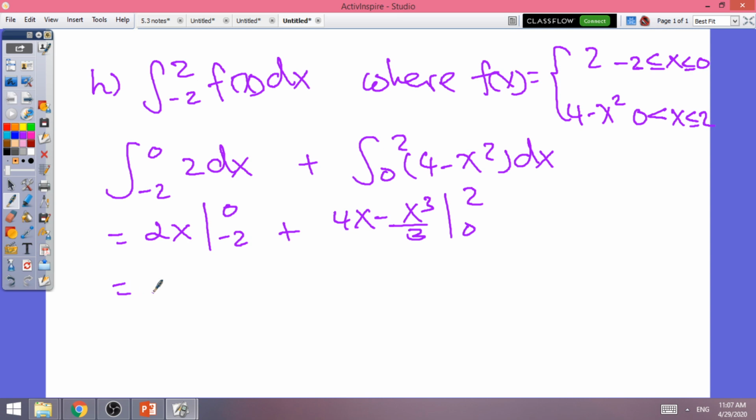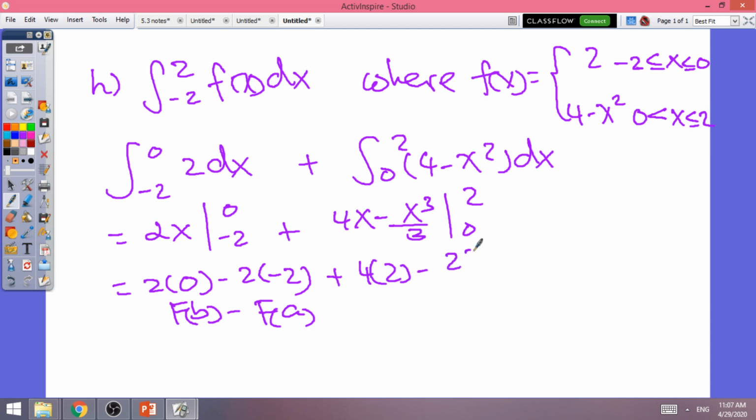Using FTC part 2, f of b minus f of a, so 2 times 0, minus 2 times negative 2. So we take care of the first integrand. The second one is similar: 4 times 2, minus 2 to the power of 3 over 3.